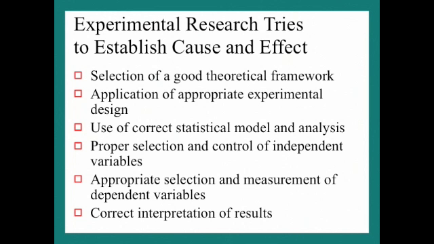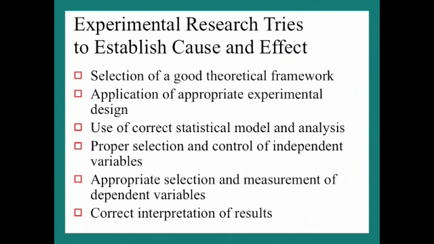Then from that theory we design an appropriate experiment to actually determine if the independent variable has an effect on a dependent variable. We control a lot of things that can have a negative effect, or an effect that we don't want, in our study.